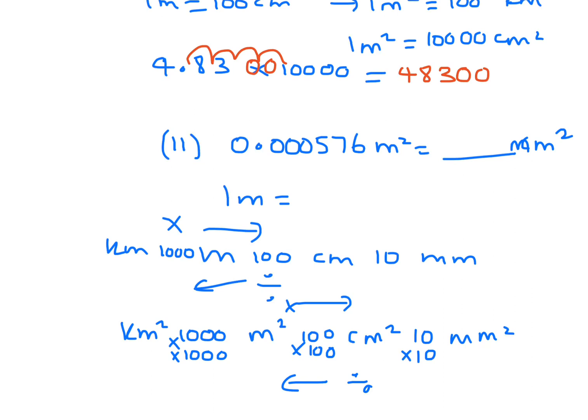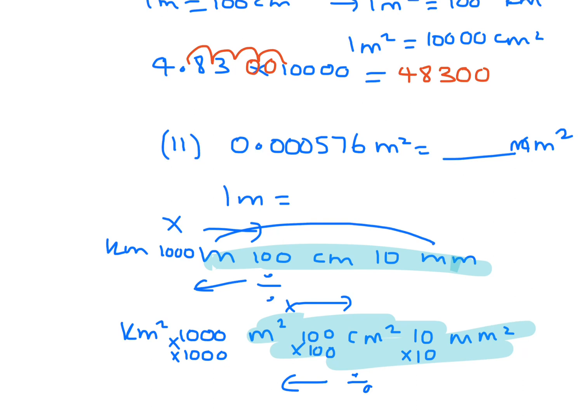So if we're looking at this one, normally metres to millimetres, that would be 1 with 3 zeros. But if I go metres squared to millimetres squared, normally it would be times 100 times 10, but this is 100 squared. 100 times 100, 10 times 10.